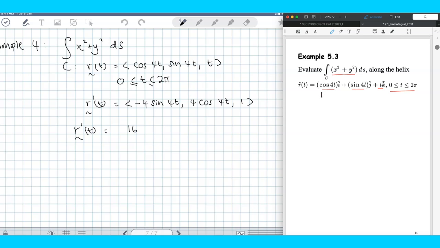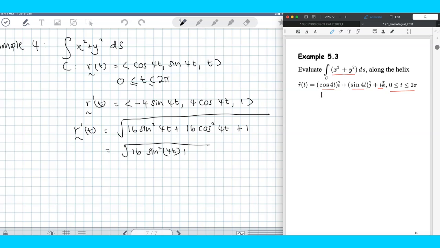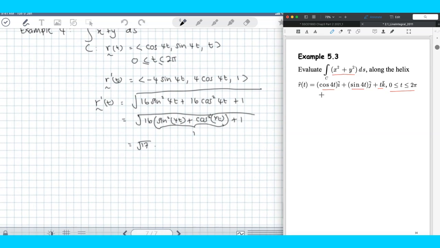So 16 sine square 4t plus 16 cos square 4t plus 1. We can factorize the 16 when you have sine square 4t plus cos square 4t, plus 1. From the identity this is always equal to 1, and we will get square root of 17.